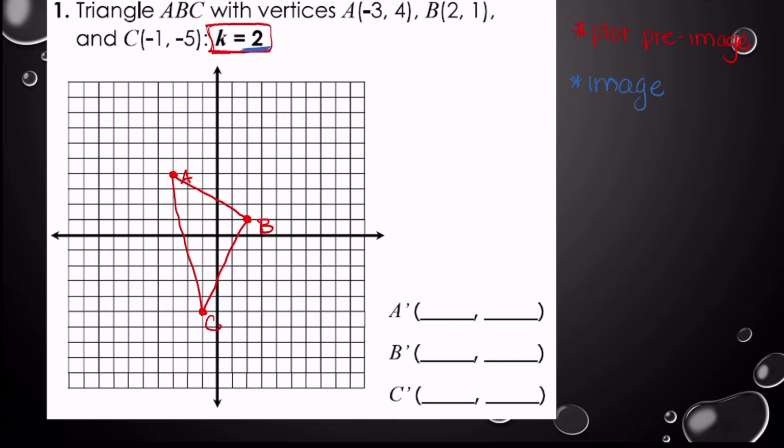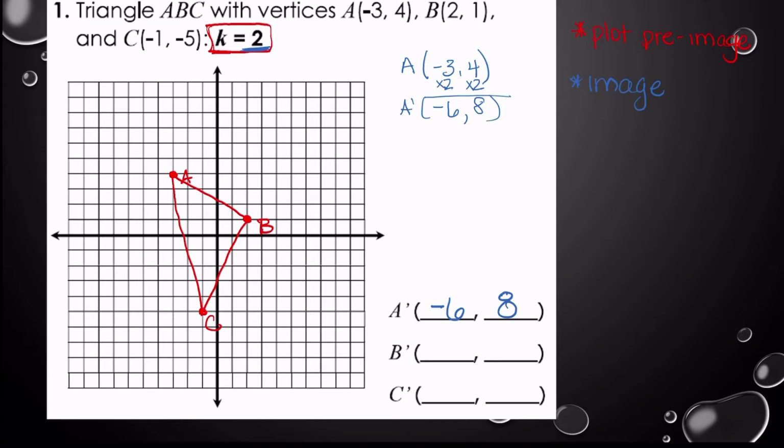So I take my A point and enlarge it by 2, meaning I take each ordered pair and multiply it by 2. There is my A prime: (-6, 8). I enlarged it by 2.